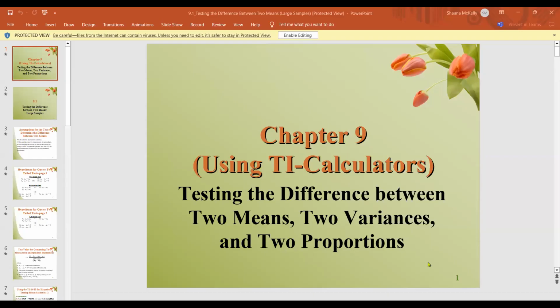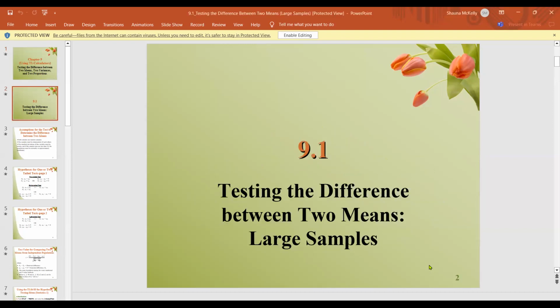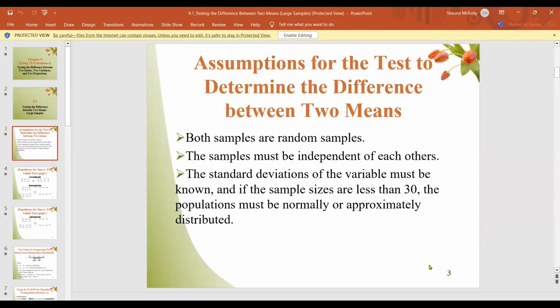All right, so 9-1 is about testing the differences between 2 means, 2 variances, and the chapter is about these 3 things: 2 means, 2 variances, and 2 populations. 9-1 is about means. There is a question before this.